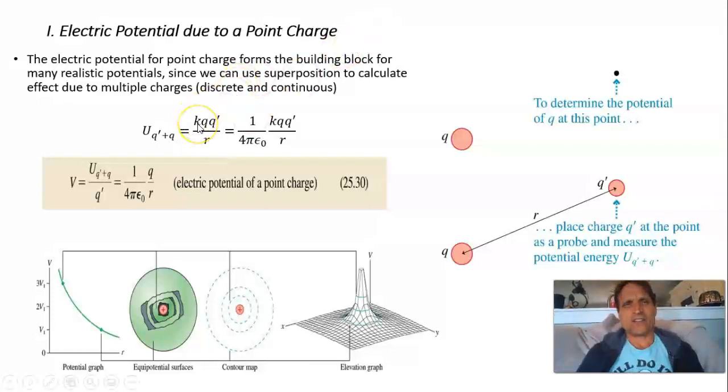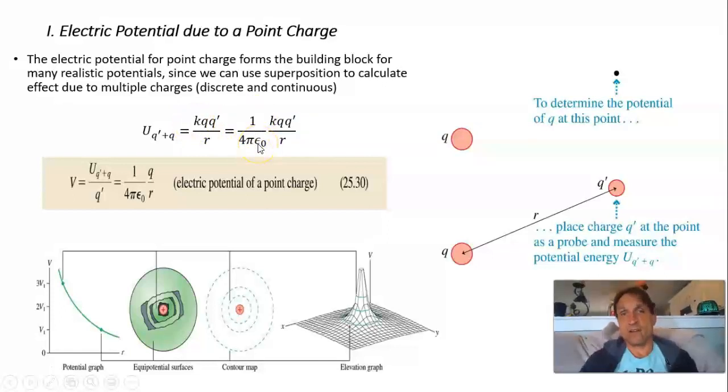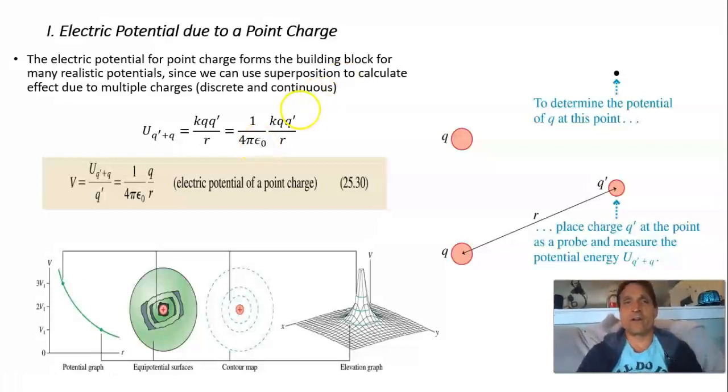And that constant, sometimes we use K, which is 9.0 times 10 to the 9. Sometimes we use 1 over 4 pi epsilon naught. It's the same number, so it really doesn't matter. 1 over 4 pi epsilon naught is K, the dielectric constant, where epsilon naught is the electrical permittivity of free space. So we can use either one. It really doesn't matter. It's a constant.